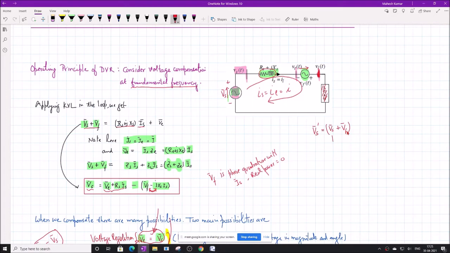So even though VS is equal to VL, VS dash is not equal to VL, and therefore there is a phase shift between the VS dash and VL, and hence the power can flow from VS to VL.